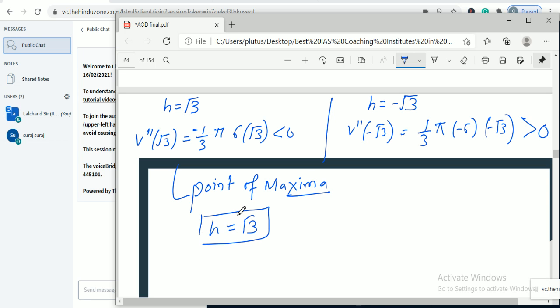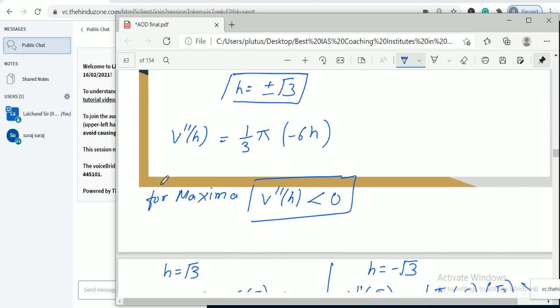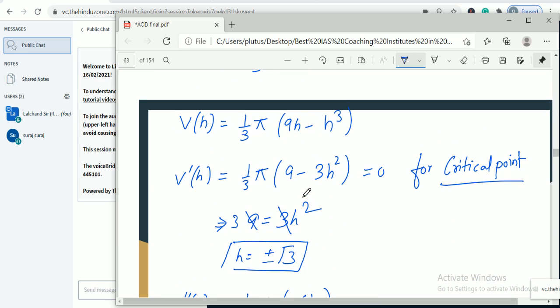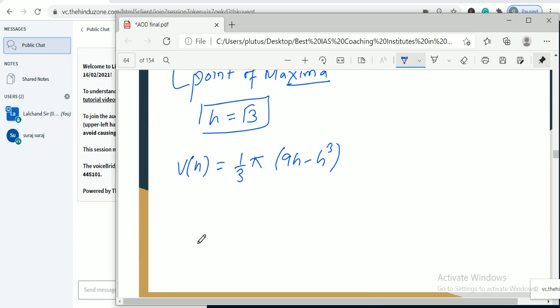If we substitute h equal to root 3 in our volume equation, we will find the maximum volume. Our volume equation is V of h equal to 1 by 3 pi into 9h minus h cube. If we substitute h equal to root 3, then 1 by 3 pi into 9 root 3 minus 3 root 3, the h cube.